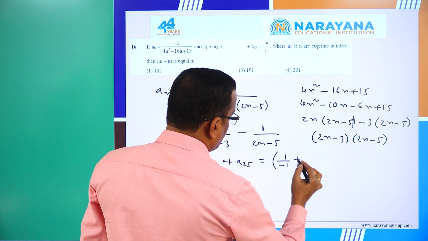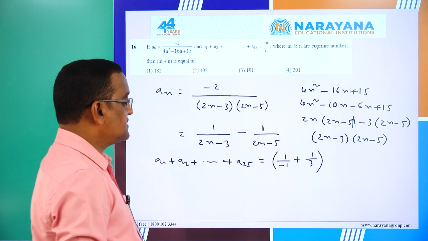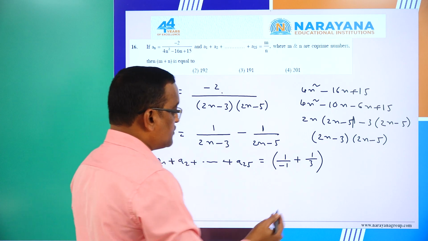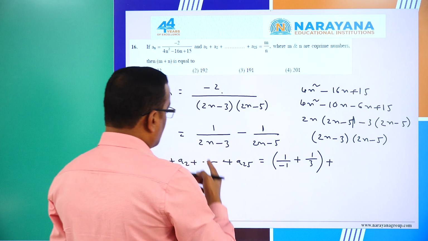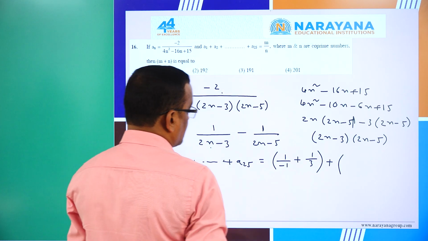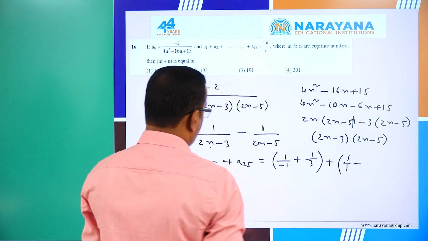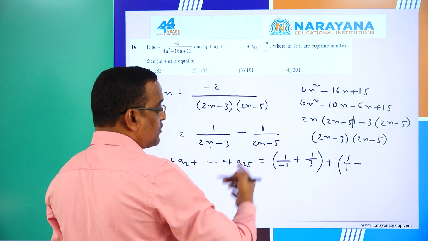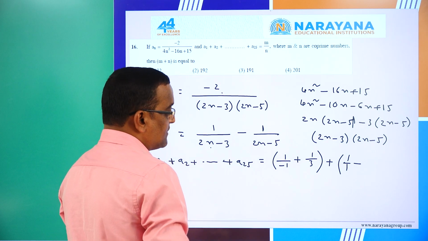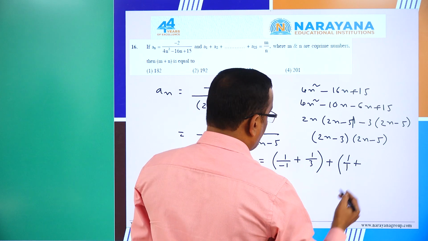This is 1 by 3. Plus, coming to a2, substitute n equal to 2 here: this is 1 by 4 minus 3, minus 1 by 4 minus 5. 4 minus 5 is minus 1. Because of this minus, it is plus 1.